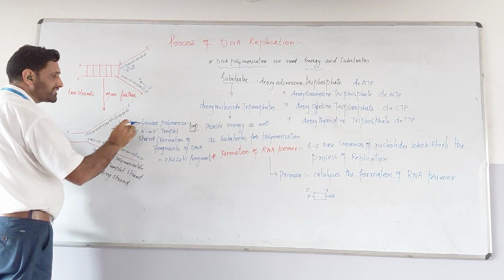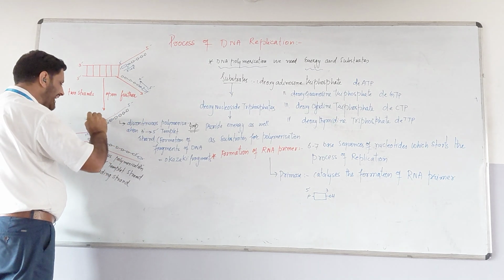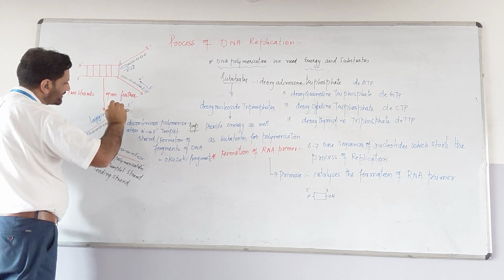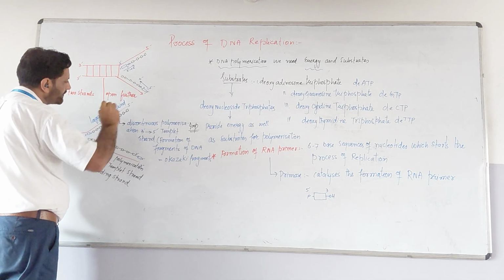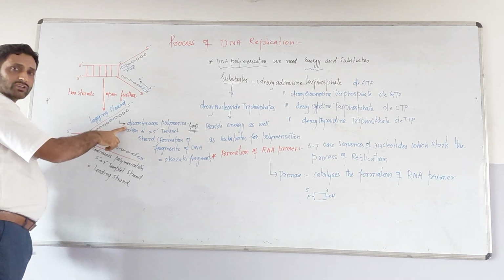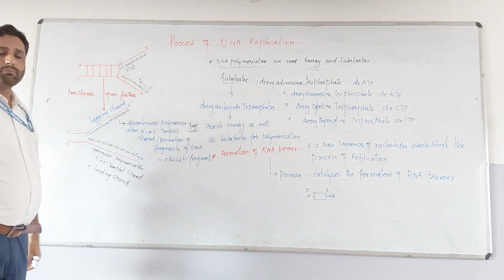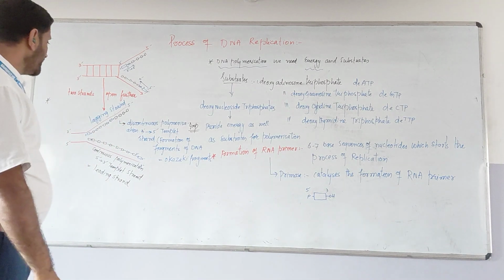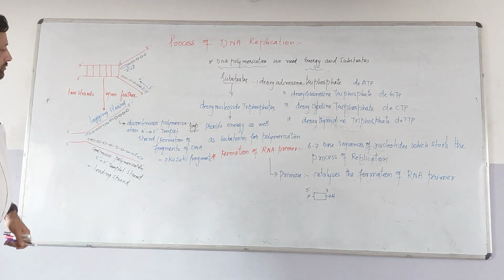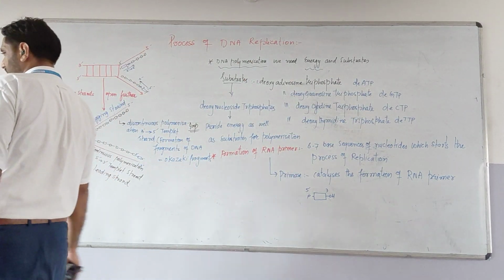That is why this discontinuous polymerization strand is known as the lagging strand. You will be asked in the examination in which strand there is discontinuous polymerization and in which strand there is continuous polymerization. After that, when the whole DNA molecule gets replicated, you just take the screenshot.